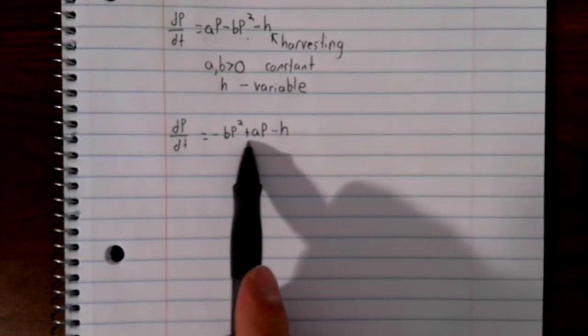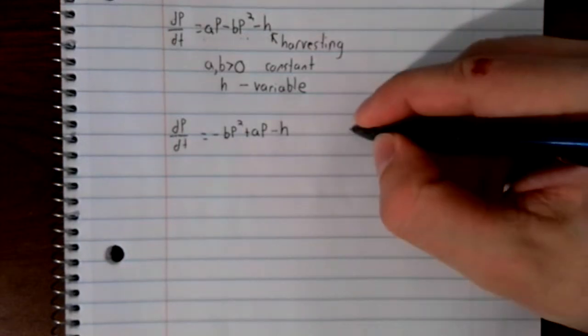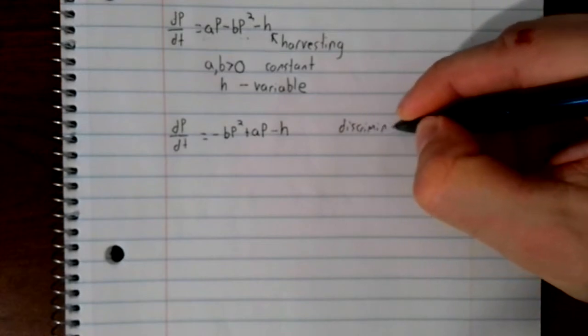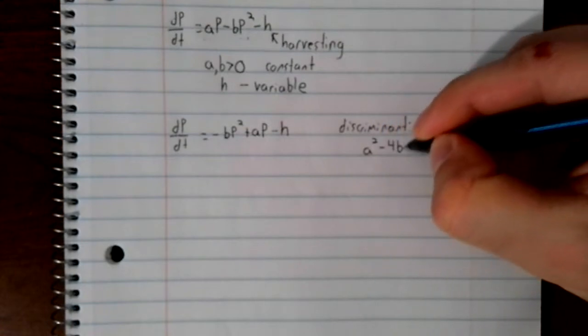It can have 0, 1, or 2 fixed points, depending on the discriminant, which in this case is a squared minus 4bh.